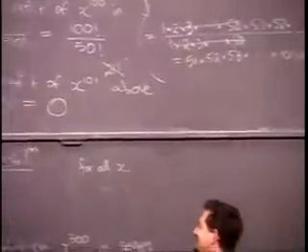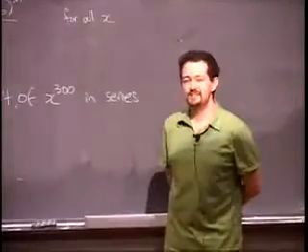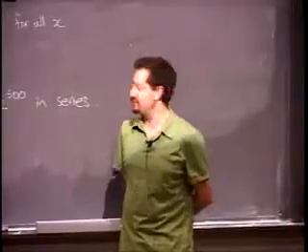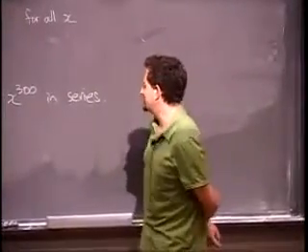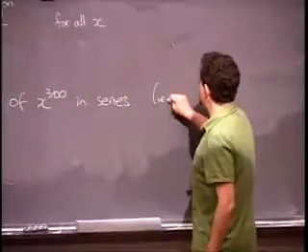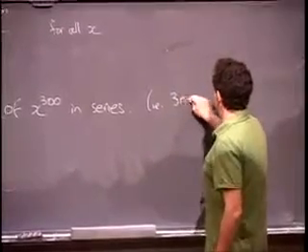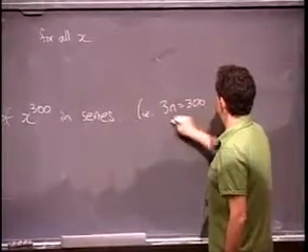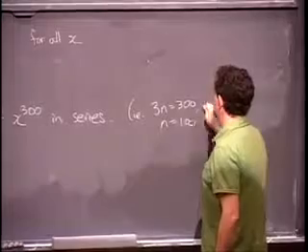So, which value of n do we actually need to get 300? You need 100. So, i.e., 3n equals 300. So n equals 100.